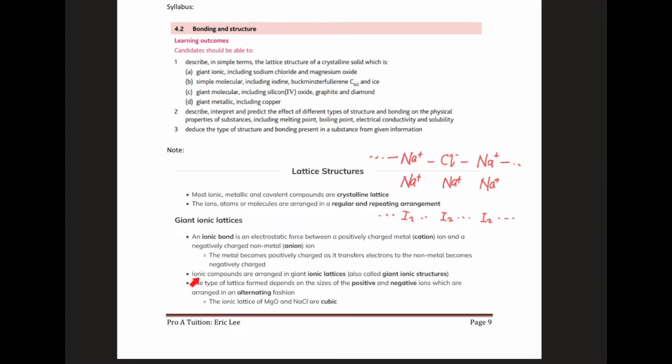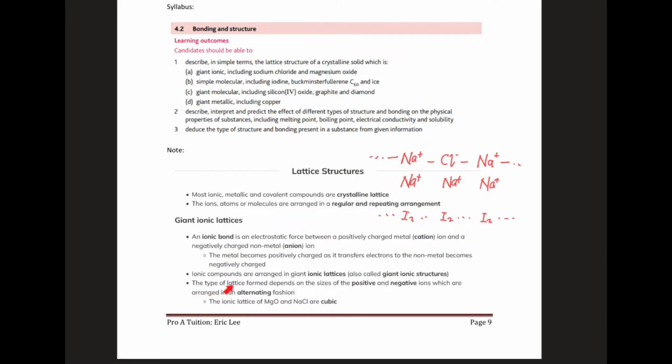Now, ionic compounds are arranged in giant ionic lattices, which are also called giant ionic structures. That means it just extends in 3D shapes.